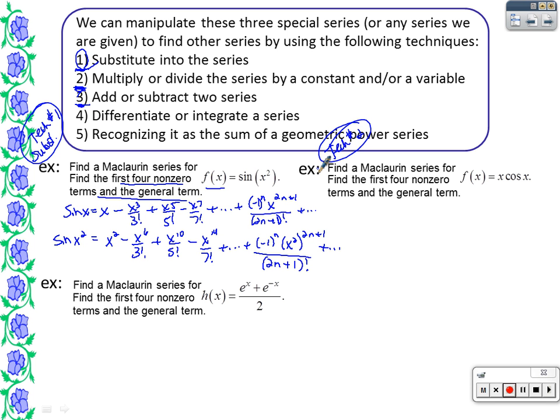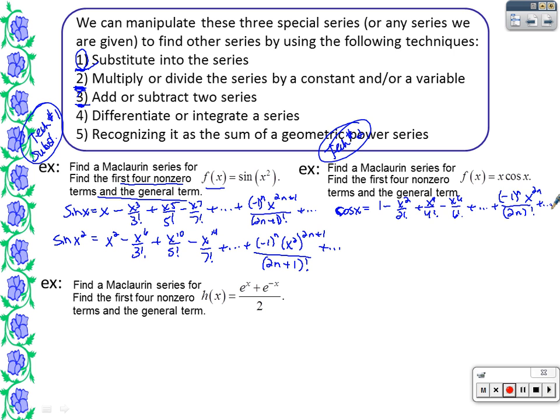And so I'm going to write the cosine series up here first. Okay, there's the cosine series.